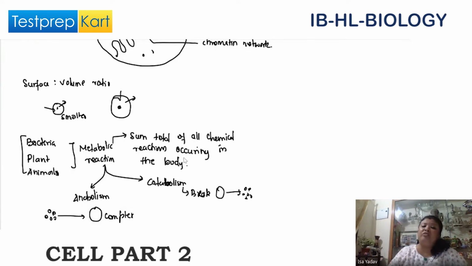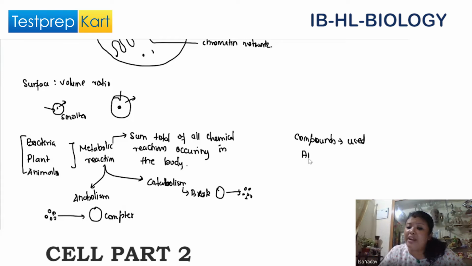The sole purpose of this is to generate certain compounds that will be used by our body, and also to generate ATP or energy that can also be used by our body. So these two are the important conclusions of why metabolism occurs in our body.